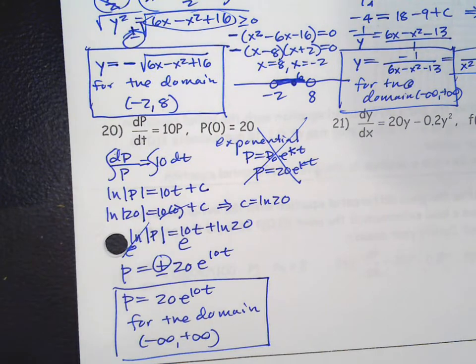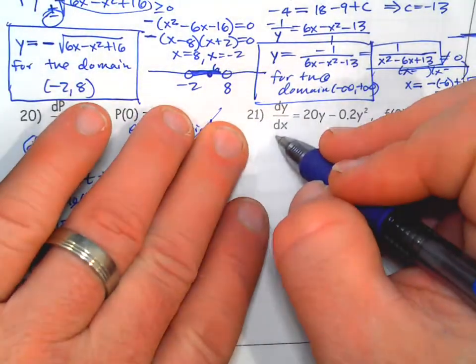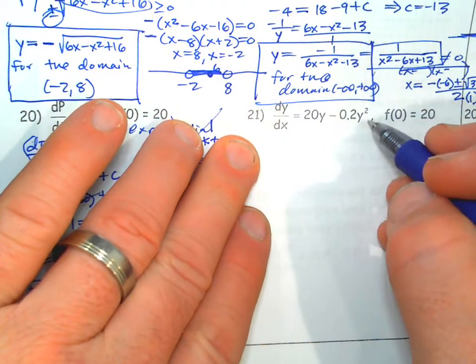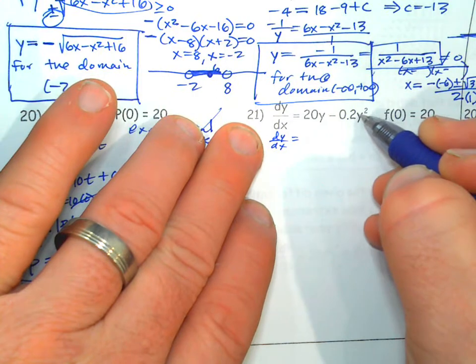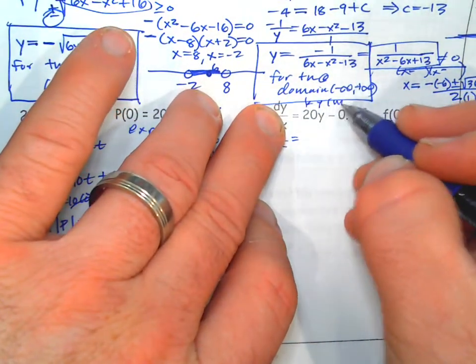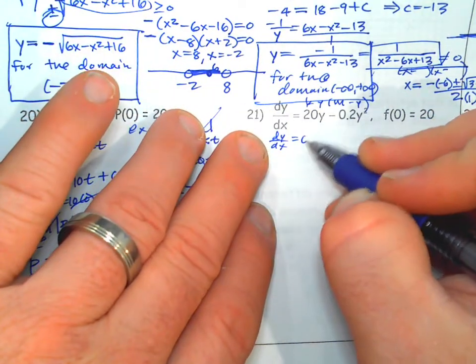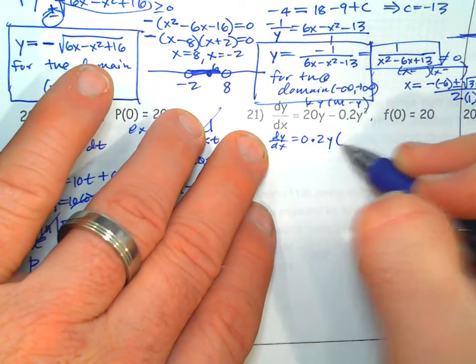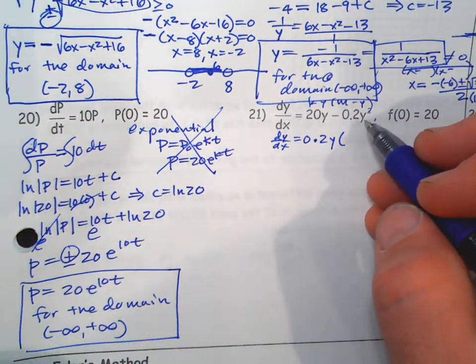Okay. All right, now this one, just so you know, this looks like logistic. And you could try and tweak it to see if you can make it look like that. Remember it's ky times m minus y. So this needs to be a single y. So you got to factor out a 0.2y, which is the same as dividing by 2/10 or multiplying by 5.